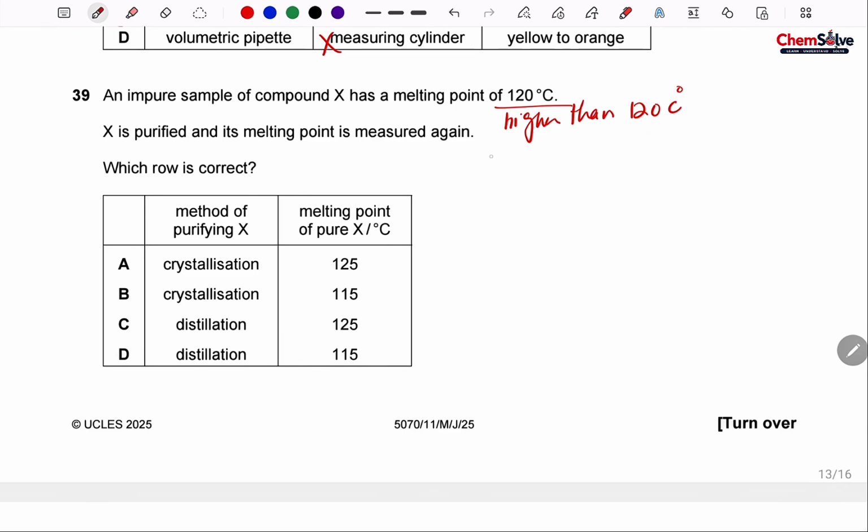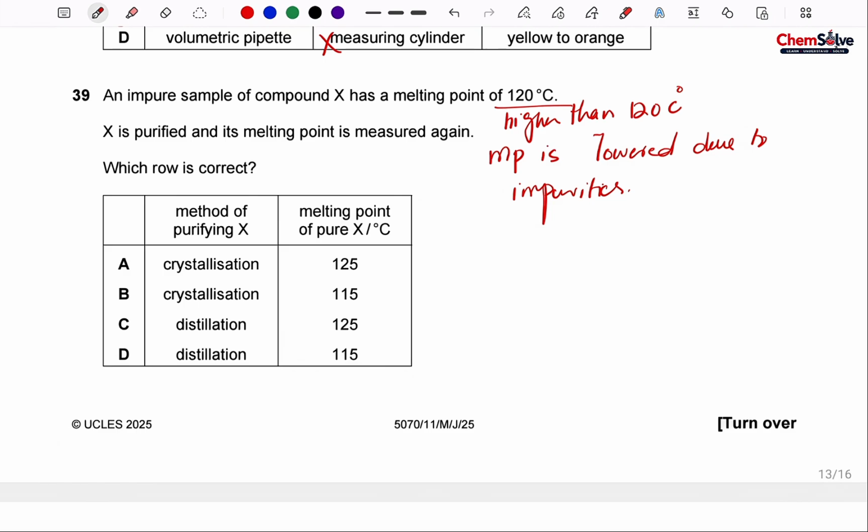Because melting point is lowered due to impurities. If impurity is present, then the melting point would be lower.